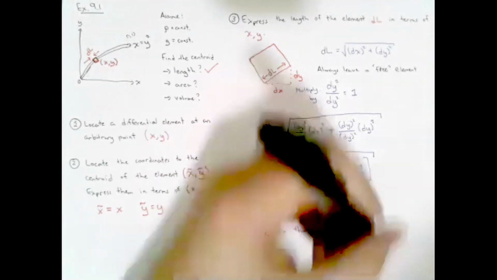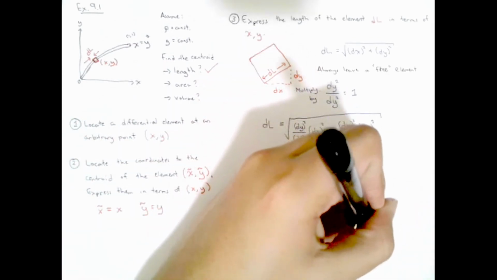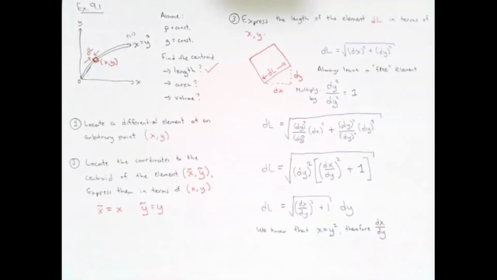Right? So if x equals y squared, what do you think dx over dy equals? First off, what is dx over dy? What does that represent mathematically? Derivative. The derivative, right? The derivative of x with respect to y.